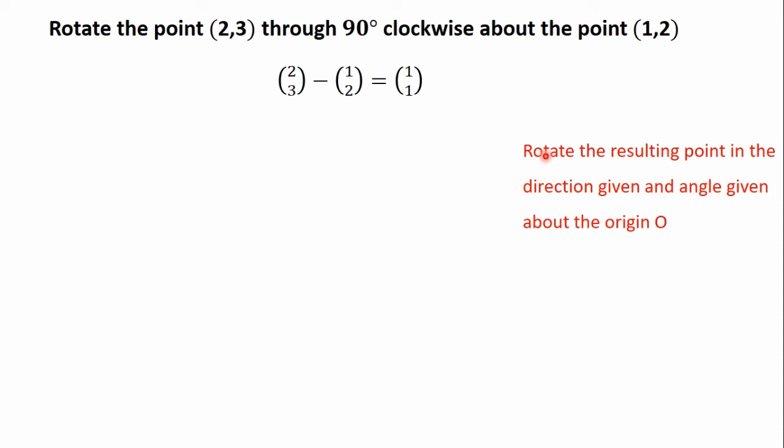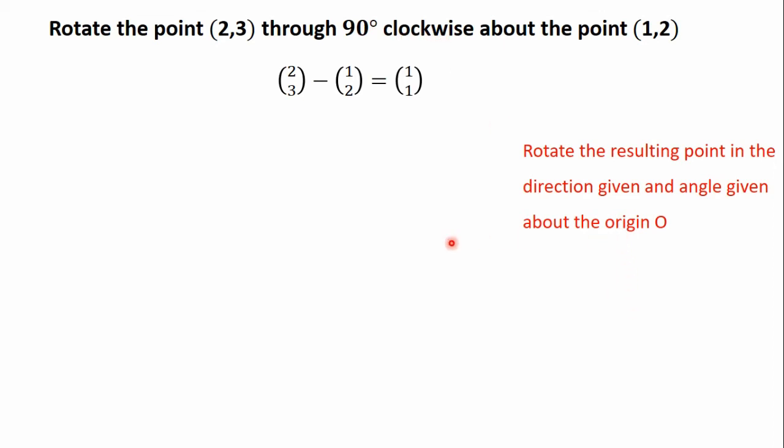The next step says that we should rotate the resulting point. The resulting point is 1, 1. So we should rotate the resulting point, that is 1, 1, in the direction given and the angle given about the origin. The direction given is a clockwise direction and the angle given is 90 degrees. So we are going to rotate 1, 1 through a 90 degrees angle in the clockwise direction about the origin.